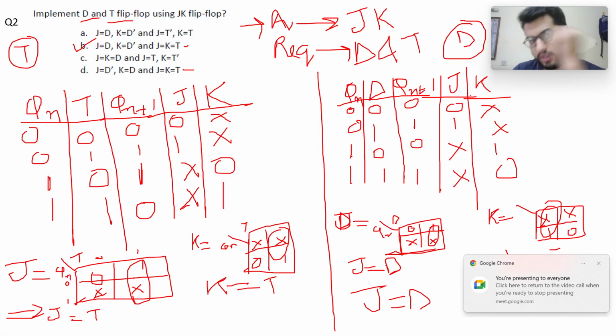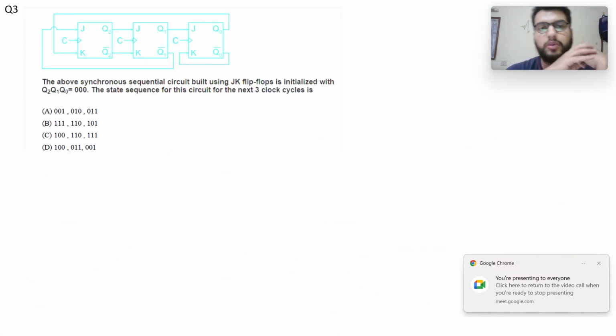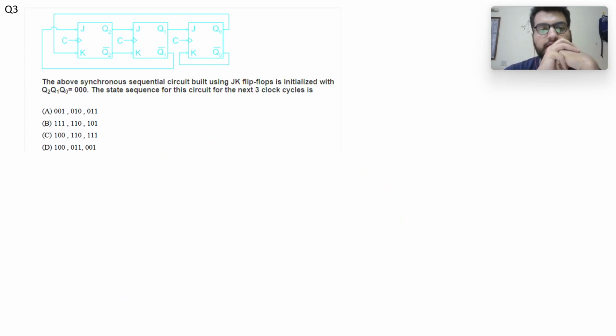So, question number 3 asks us, the above synchronous sequential circuit built using JK flip-flop is initialized with Q2, Q1 and Q0 equal to 0, 0, 0. The state sequence for this circuit for the next 3 clock cycles is, so we need to find out the states for the next 3 clock cycles given the initial state was 0, 0, 0.